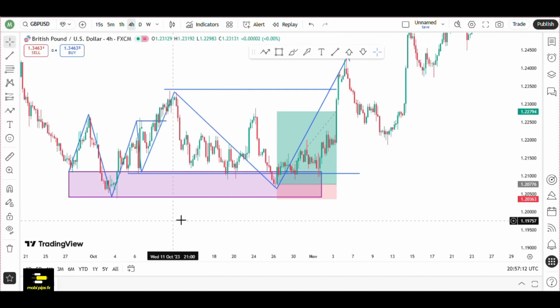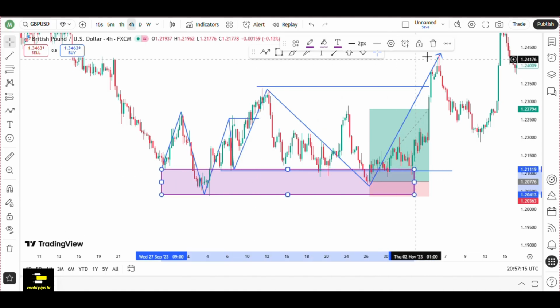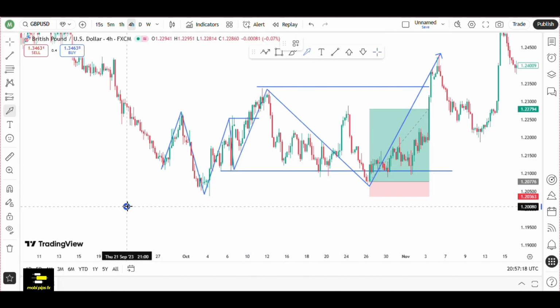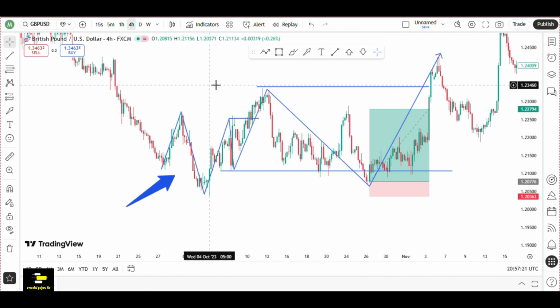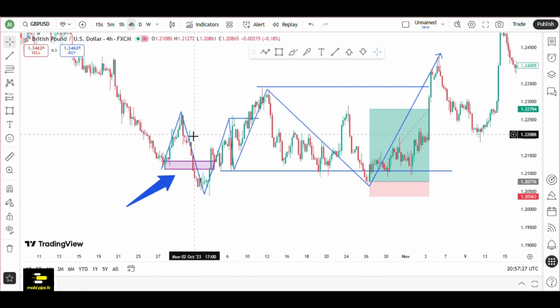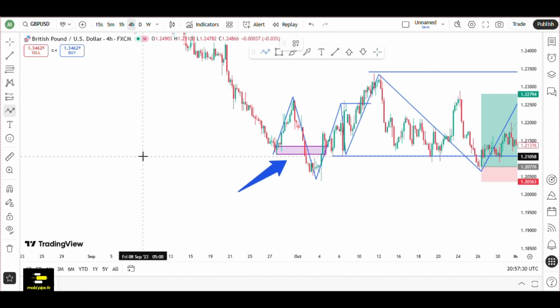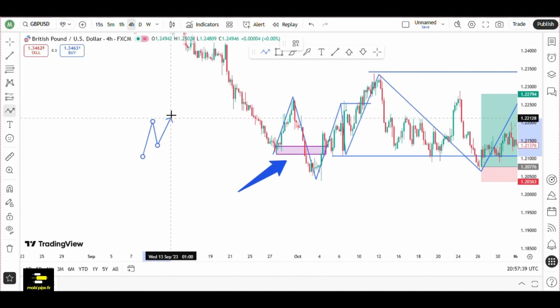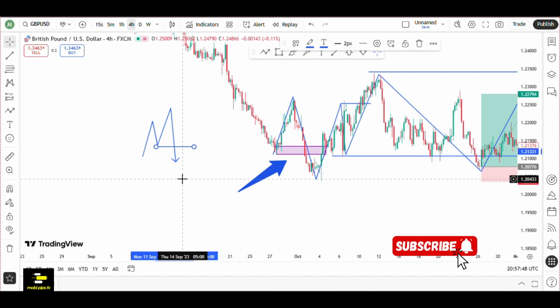Great. So what happened here with this zone is what we call an inducement liquidity. It got induced. If it was like this, then this would have been our structural liquidity, right?